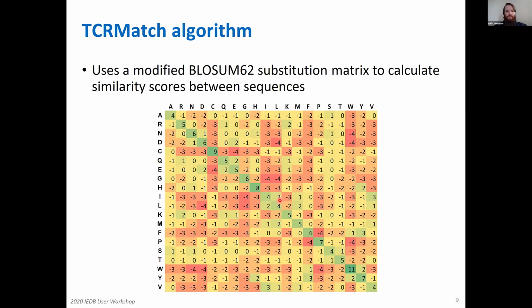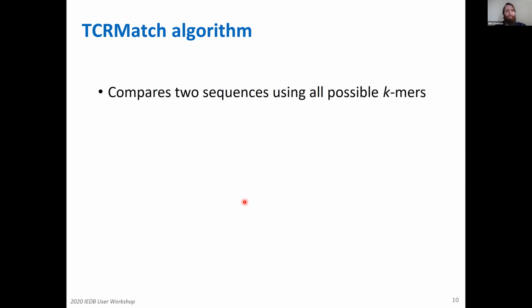On the other hand, if you switch an isoleucine for a glycine, you get a score of -4, because those are not as interchangeable. So this matrix is a big part of how TCRMatch works.